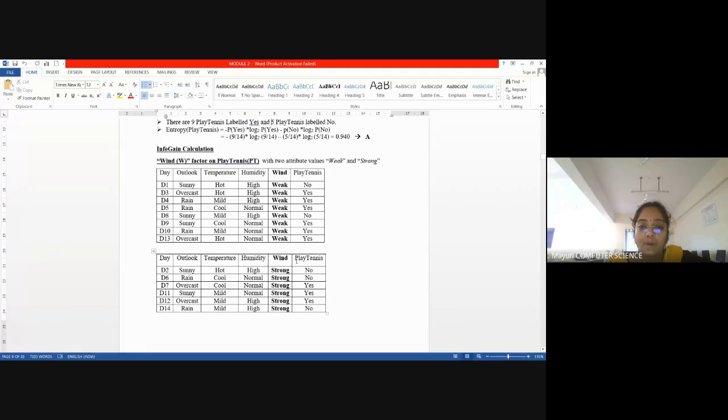But when you look into the strong category, 1, 2, 3 no's and 3 yes. Right? 3 no and 3 yes, equally classified. When the data is equally classified, its entropy is 1. Equally classified, entropy is 1. Unequally classified, you have to find it. When fully classified with a particular label, it is 0. Any doubts in this place?